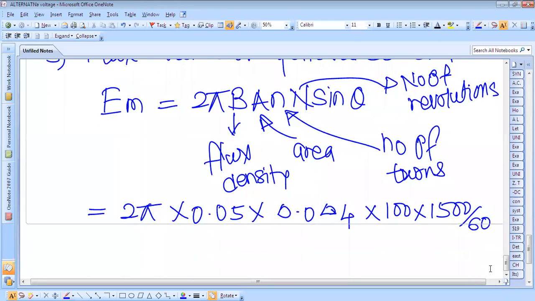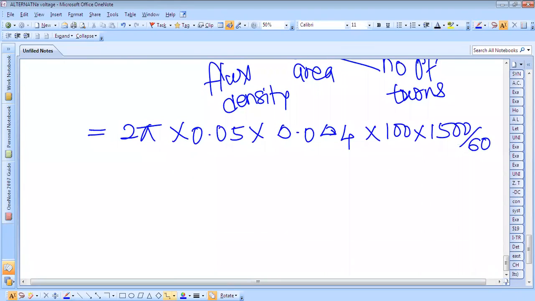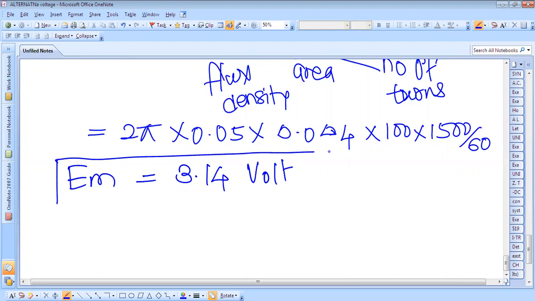If you solve this, it comes equal to 3.14 volt. So this is the maximum generated EMF in the coil.